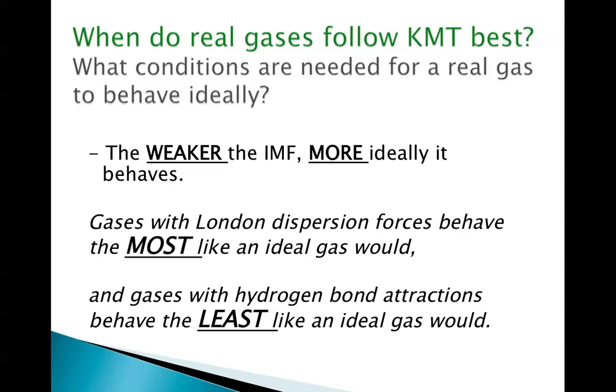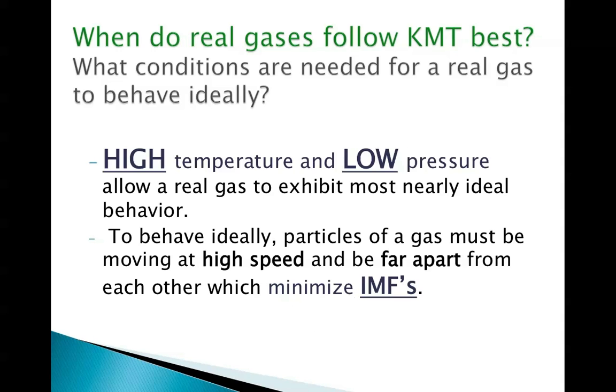Also, the weaker the IMF, the more ideally it's going to behave. So gases with London dispersion forces, which are those that are nonpolar molecules, are going to behave most like an ideal gas would and follow KMT more closely. Now, gases with hydrogen bond attractions would behave least like an ideal gas because, again, the stronger the IMF, the more it's going to stray from kinetic molecular theory.